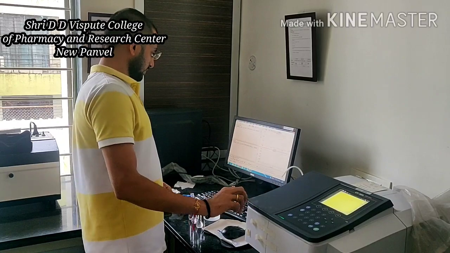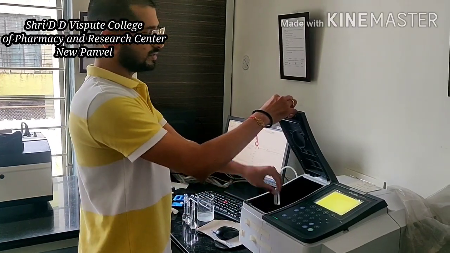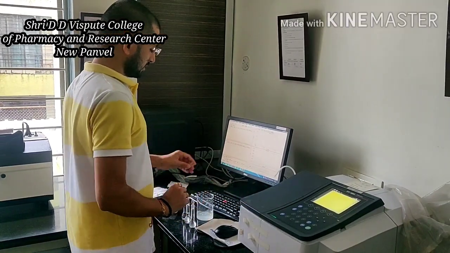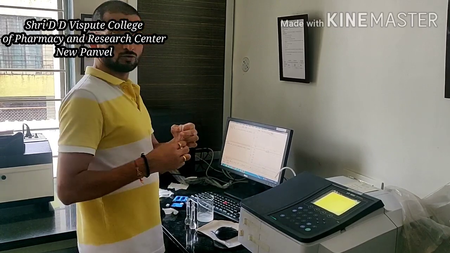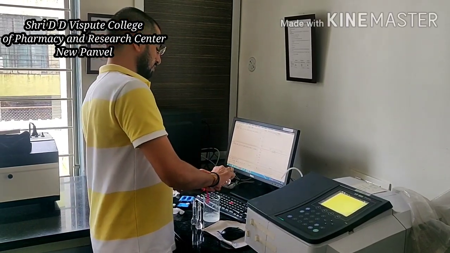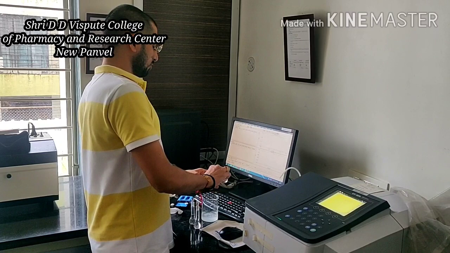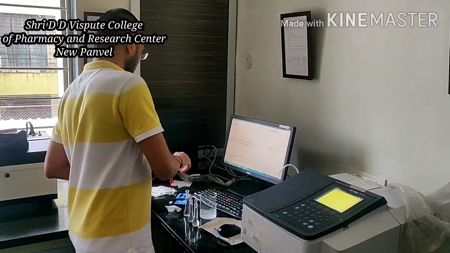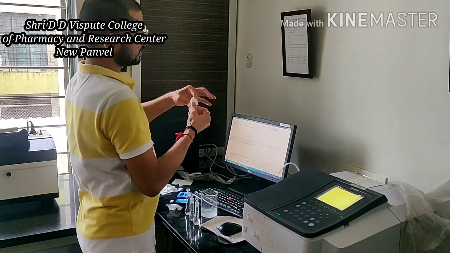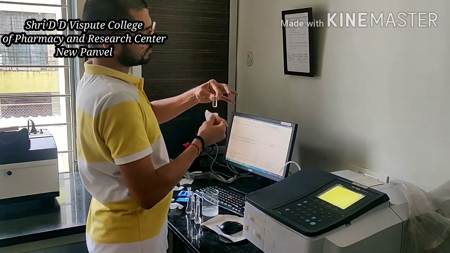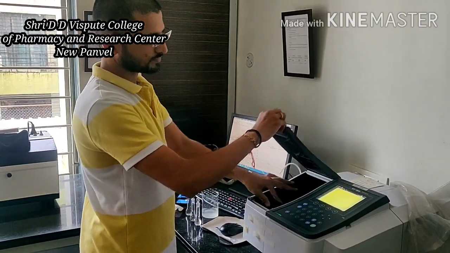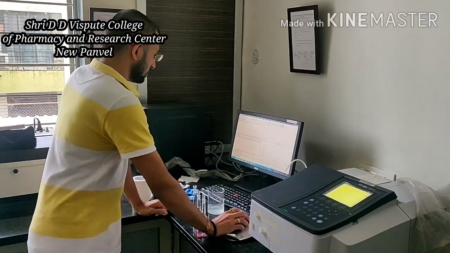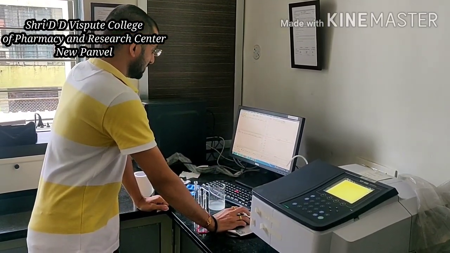After auto zero, remove the sample cuvette, wash and fill it with the sodium benzoate solution. Measure the absorbance.